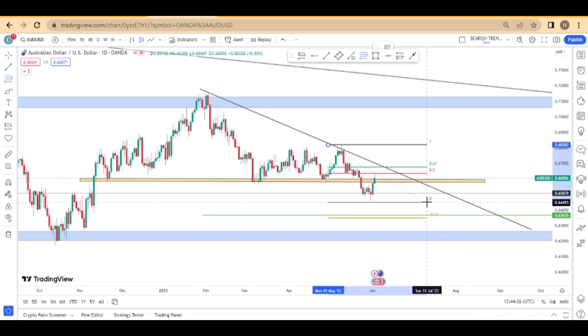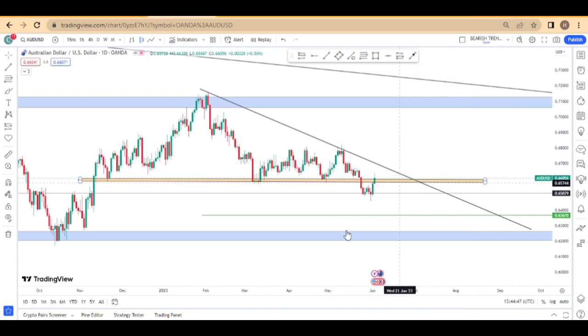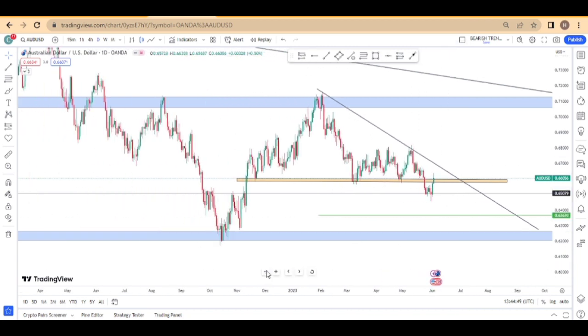If we draw our Fibonacci from the recent swing high to the swing low, we can see that on the daily time frame price tapped into the Fibonacci 0.5 and had a rejection around that zone. That's where the candle wicked down about 50%.